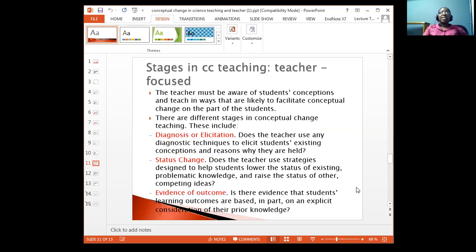All right, so looking at some of the stages now, and these stages are related to the teacher. As we said, the teacher has to be aware of the students' conceptions. That's where we started. So some of the stages: diagnosis or elicitation. The elicitation is where we try to pull out from the student what their existing conceptions are and why they believe these conceptions are valid, right?